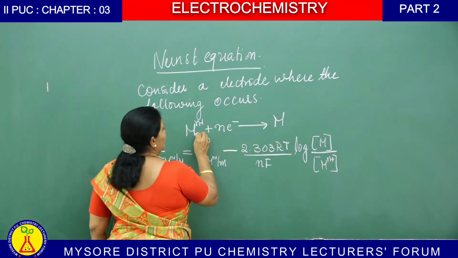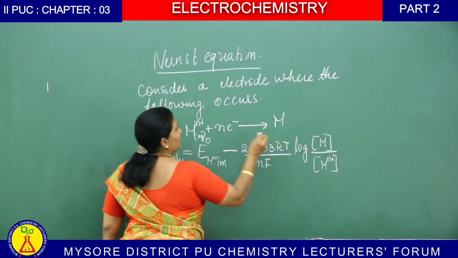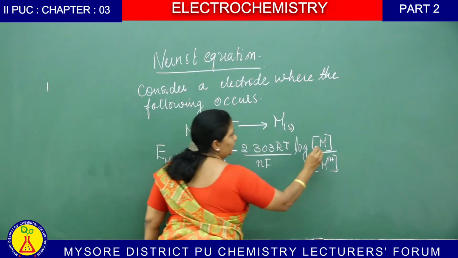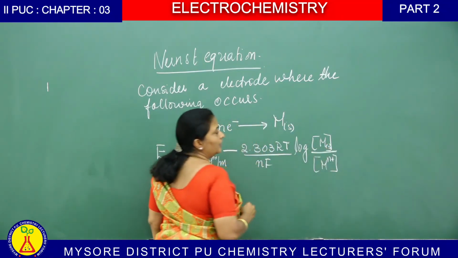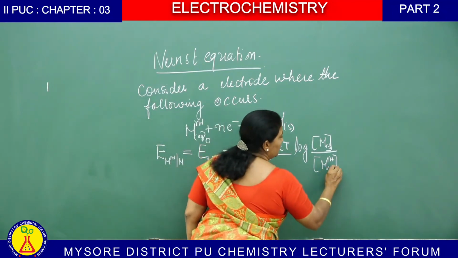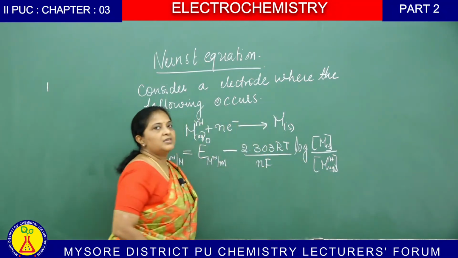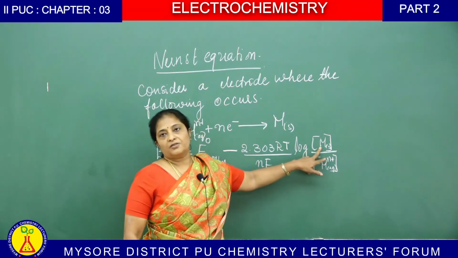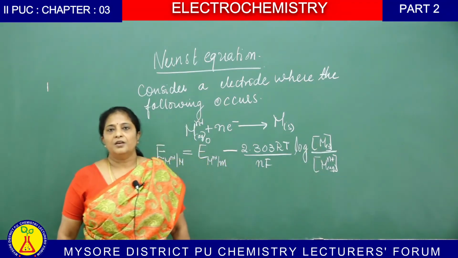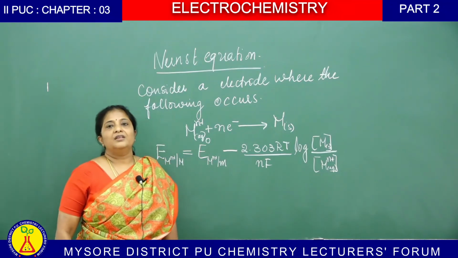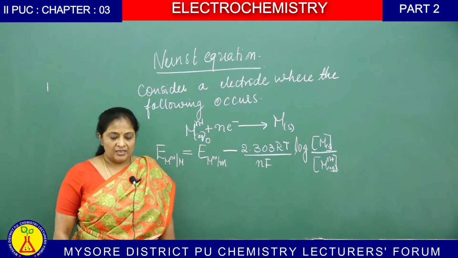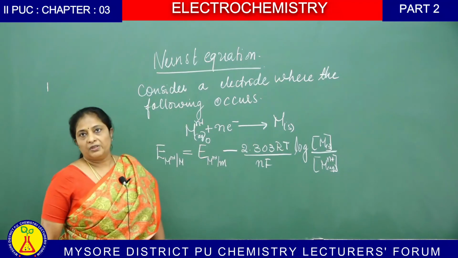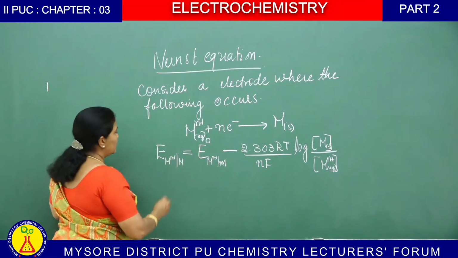Now, the metal ions are in aqueous medium and the metal is a solid. The concentration of the metal solid is taken as unity, because we know that the concentration of solids hardly changes.